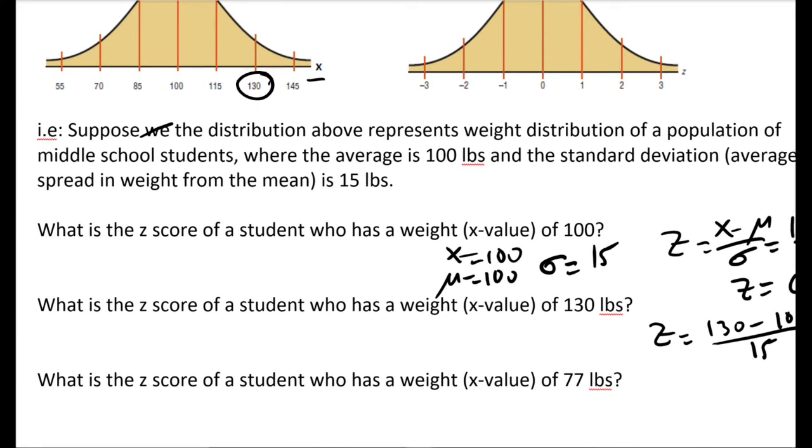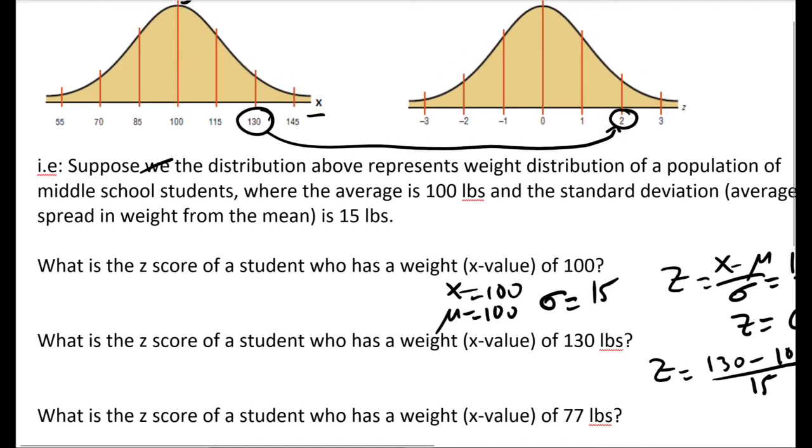The 130 pounds here corresponds to a z-score of 2, which makes sense because they're spaced 2 standard deviations apart. Remember that the z-score represents the number of standard deviations from the mean. So it makes sense that 130 pounds is 2 standard deviations above the mean.